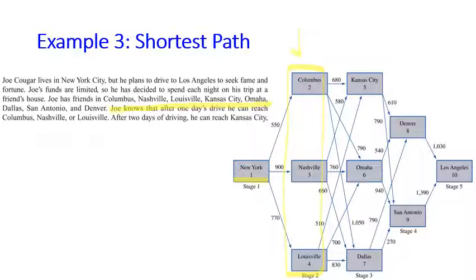These three cities, Columbus, Nashville, and Louisville, are all one-day drive from New York. And then after another day, there are three cities that he may reach: Kansas City, Omaha, Dallas. And then the next day, there are two possible cities: Denver and San Antonio. And then finally, Joe will arrive at Los Angeles.